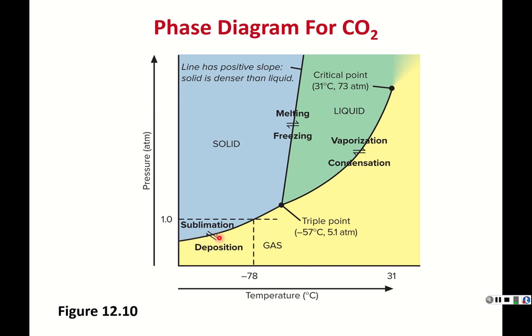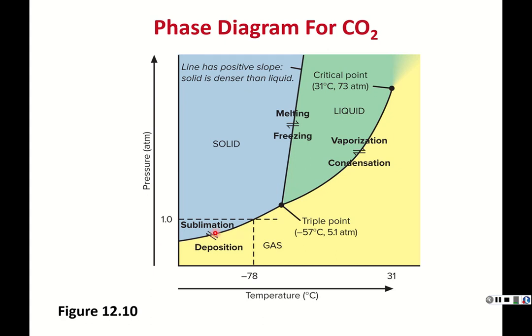The other way is to use it for the lines, the equilibrium lines, and those are where the phase changes would occur at a particular pressure and temperature. And one point you'll note up here is when these three lines come together.